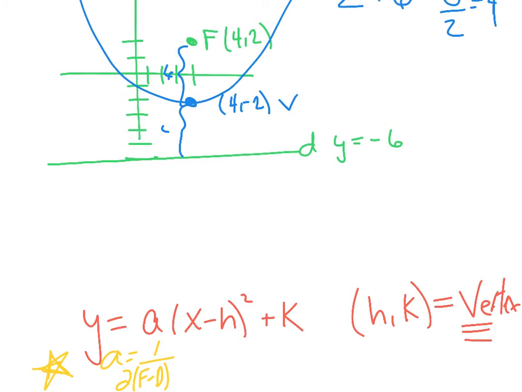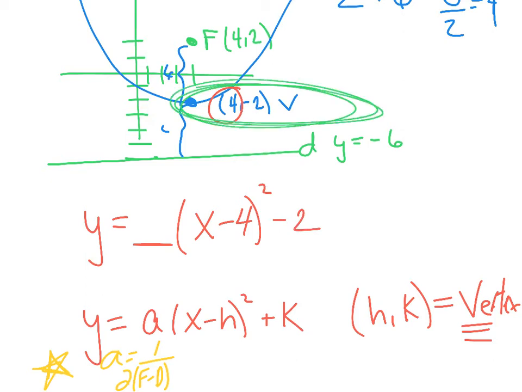All right, so I have y equals, I'm going to leave that a value out for a minute, x minus 4 squared minus 2. So again, that's just that vertex that we just found right here. And now I have to get the a value. So a equals 1 over 2 times my focus height, which is 2, minus my directrix height, which is -6.